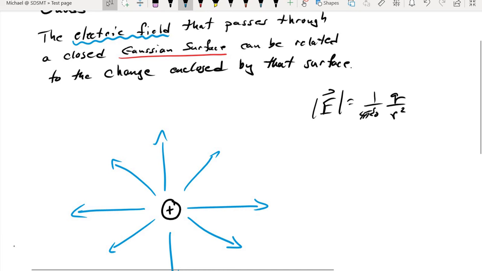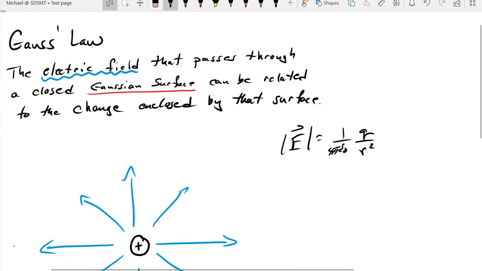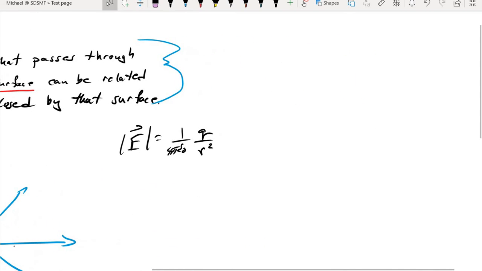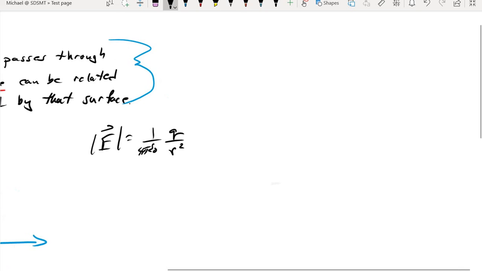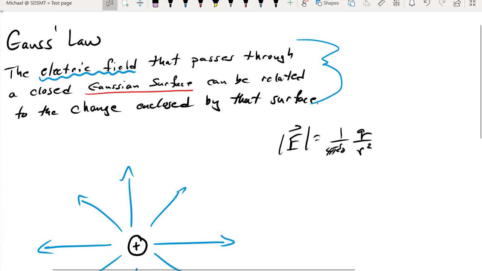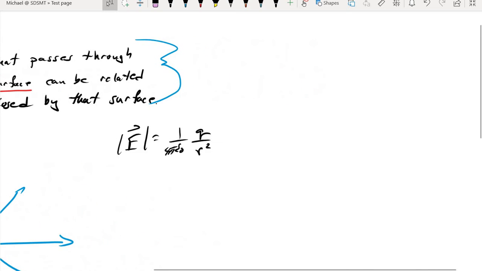So we'll do that, but the way that Gauss's law works, we're actually going to take a moment and rewrite this verbal expression into a math expression. So Gauss said that we can take the electric field that passes through a closed Gaussian surface and relate it to the enclosed charge.